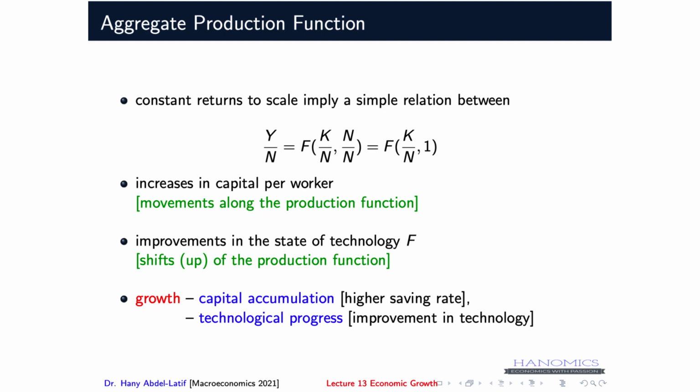So now, economic growth, the measure we are looking at here, is the output per worker. For that to grow, to change over time, we could look at capital accumulation and technological progress. When we talk about capital accumulation, we're looking at a higher saving rate. When we talk about technological progress, we are referring to an improvement in technology.